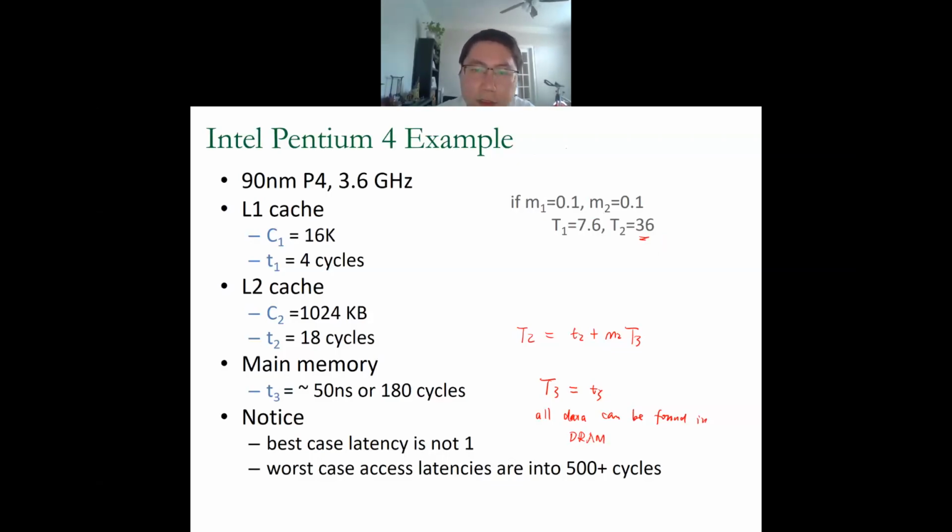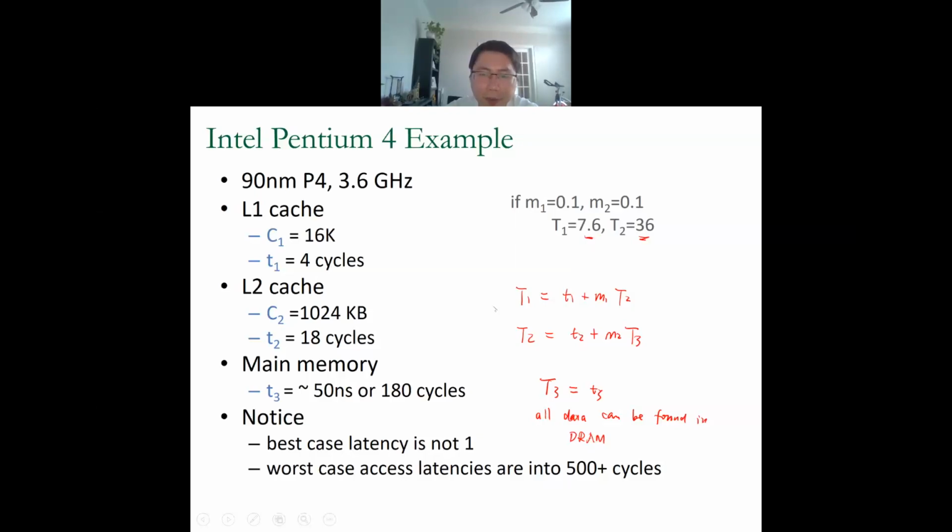And then T1 will be small T1 plus M1 times T2. Since you got T2 here already, 36, you plug in 36 here, and then you have M1 of 0.1 and T1 of 4. If you do that, you get 7.6 cycles.